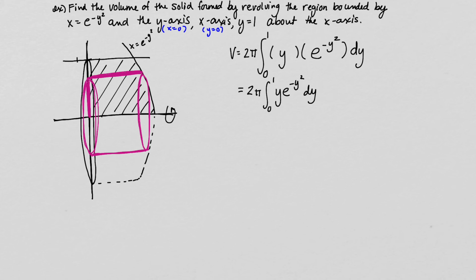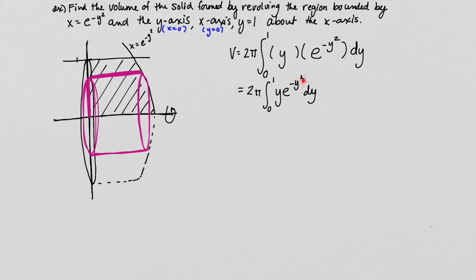Yeah, we're going to have to do a u substitution. An unintended consequence that generally happens in Calc 2 is you learn integration by parts, and then you think everything that has two things multiplied together is going to be an integration by parts.